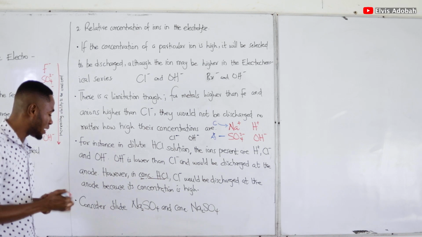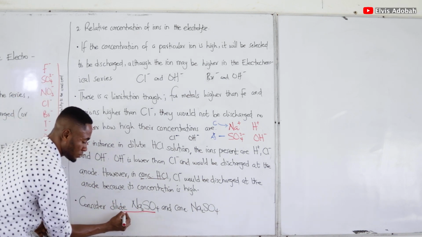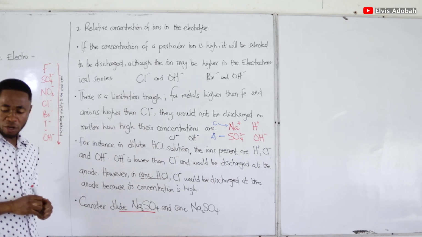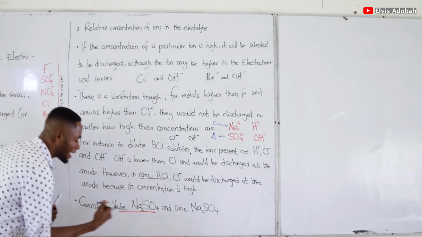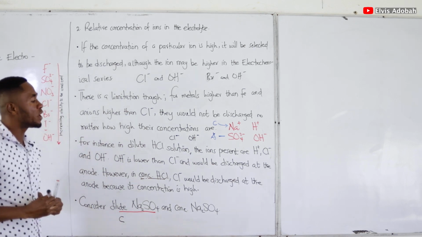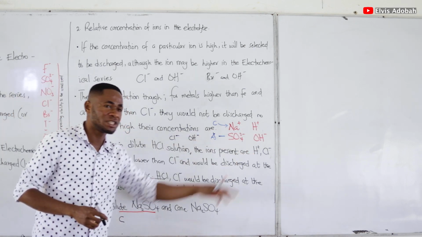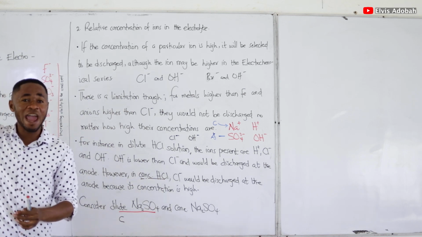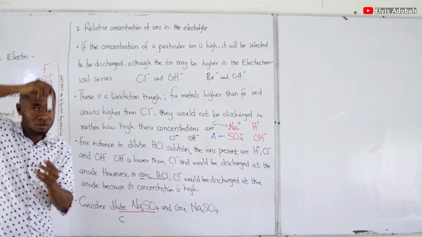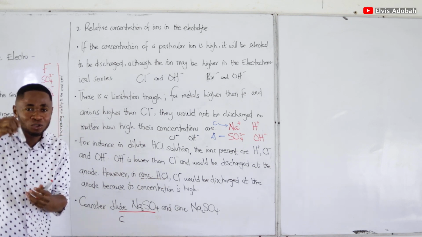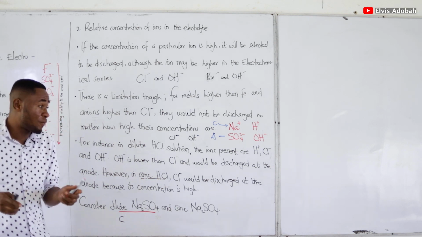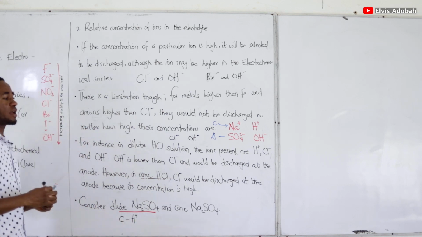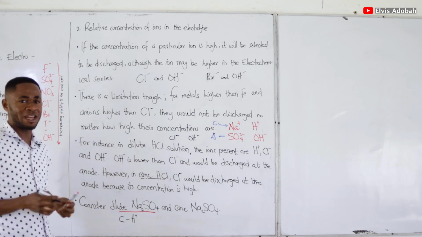So we are first considering dilute sodium sulfate. At the cathode, we have sodium ions, hydrogen ions. According to the electrochemical series, hydrogen ions are way below sodium ions. Therefore, hydrogen ions will be selected at the cathode to receive the electrons.